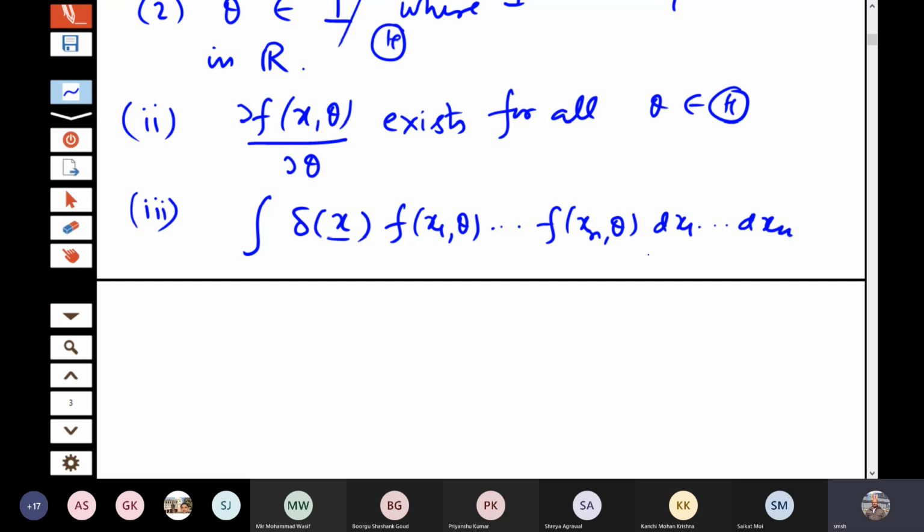You may ask whether this should be an integral only or can be anything else. If it is a density function, then it is an integral. If it is a probability mass function, then this will be a summation. That means this is like this.